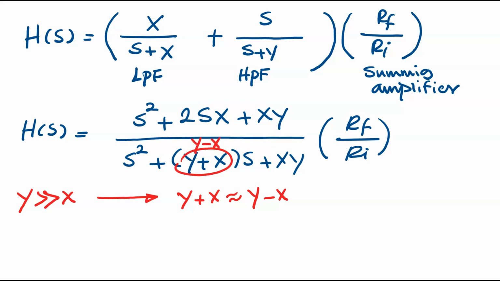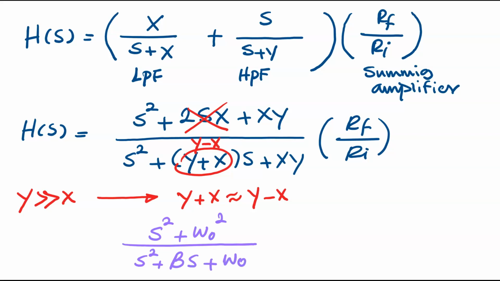And again, because y is much greater than x, this 2s multiplied by x can be ignored. And what I am going to have here is similar to the standard transfer function of a band reject filter, which is s squared plus omega naught squared divided by s squared plus beta s plus omega naught squared, multiplied by the gain.